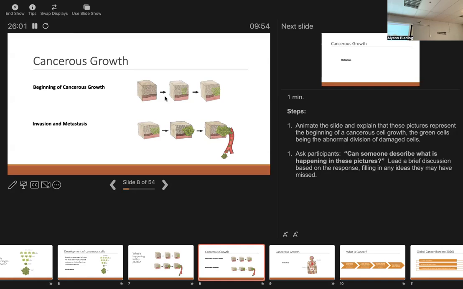Another thing that might be helpful is, yes, these cells are damaged and abnormal, but they still look somewhat similar to the original cells. So yes, there is damage and abnormalities, but they still look somehow similar to a normal cell of the epidermis.